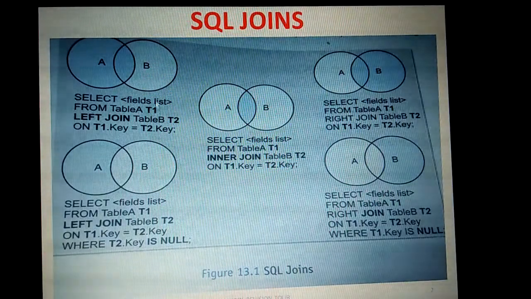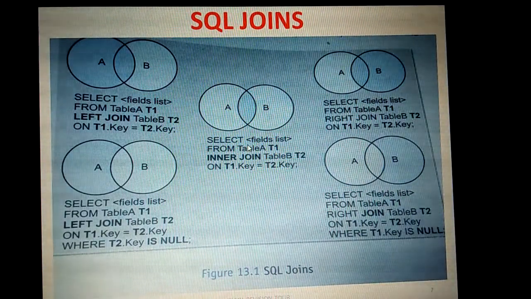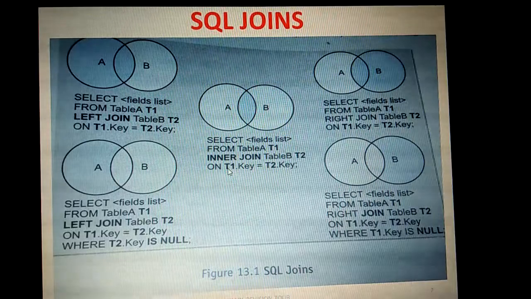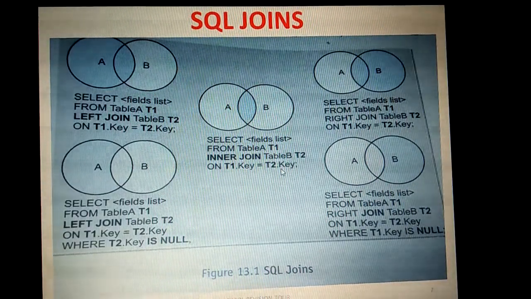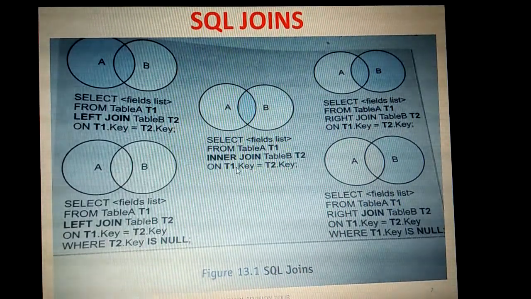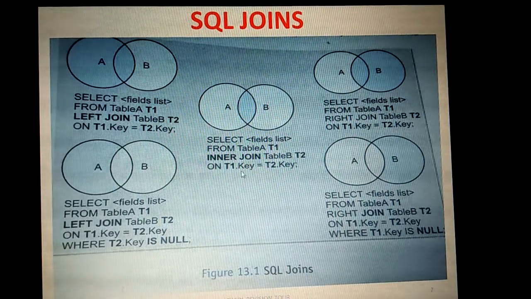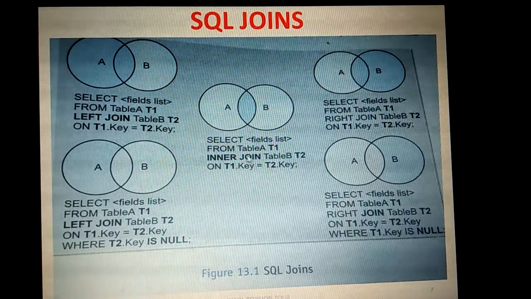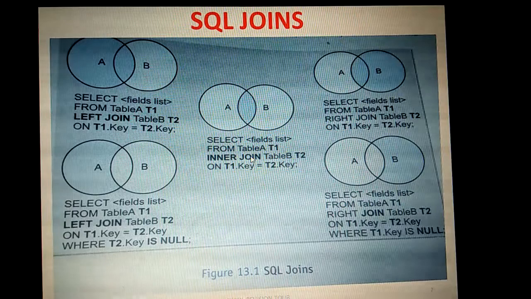Here you can see the inner join example. From both tables, if the first table and second table keys, the corresponding column values, are matched, it will return only the matching fields.